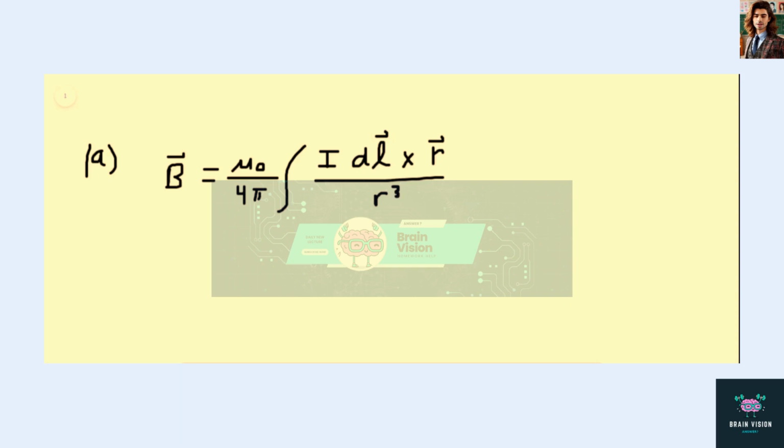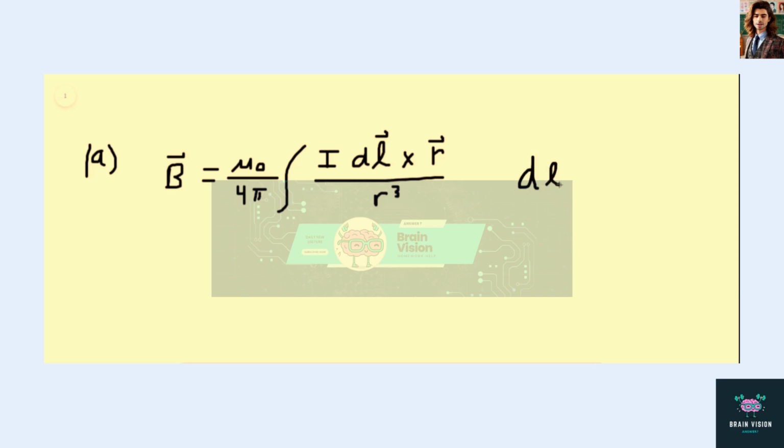And again, r is the distance that we're considering from the point Q on the figure. Since the point Q is along the length of the wire, then dL and r are parallel.